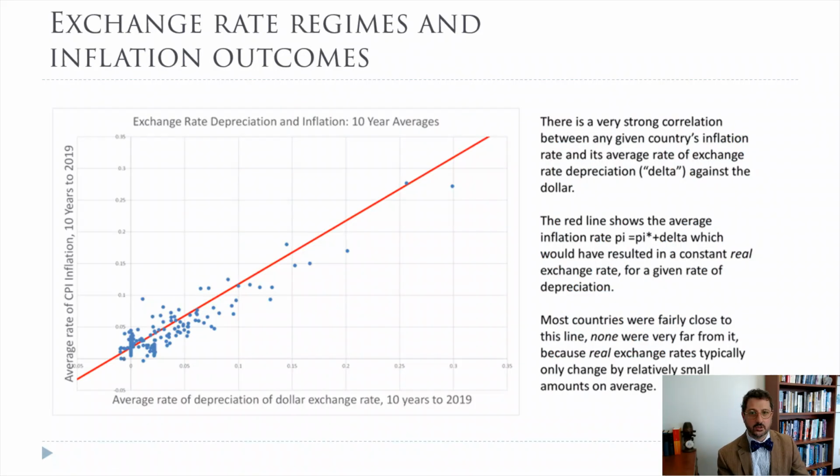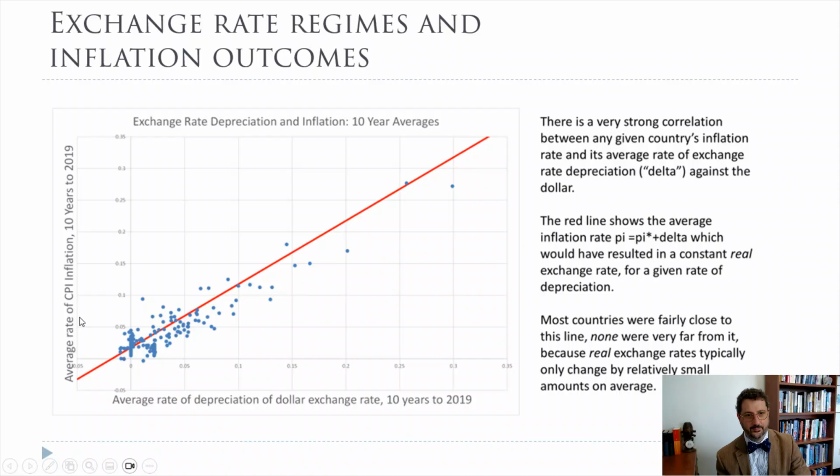So if we look, we can see that there's a very strong correlation between the average rate of depreciation, this is against the dollar, so this is 2009 to 2019, that's on the horizontal axis, and the average rate of inflation. And so this is basically just what we were talking about, right?